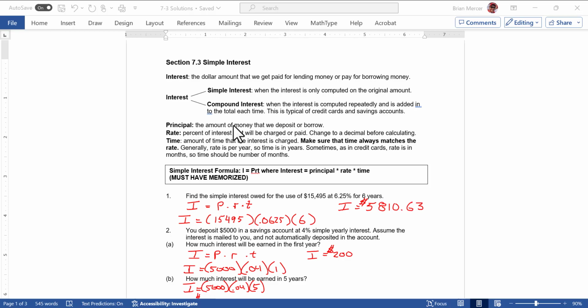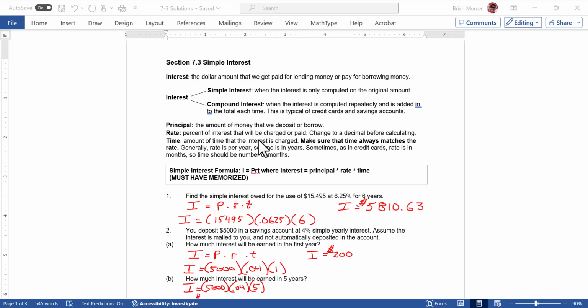The principal is always the amount of money that we're either putting in initially or borrowing. The rate is the percent of interest that will be charged or paid. And you want to change that to a decimal before you do any calculations, and we'll talk more about that. The time, here's where a lot of mistakes are made.